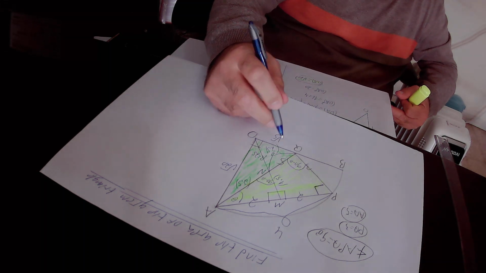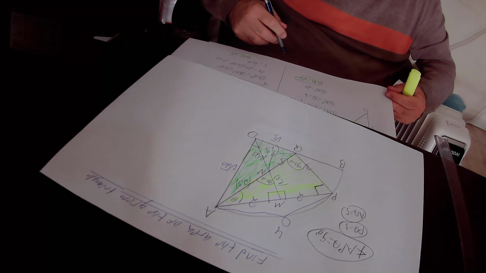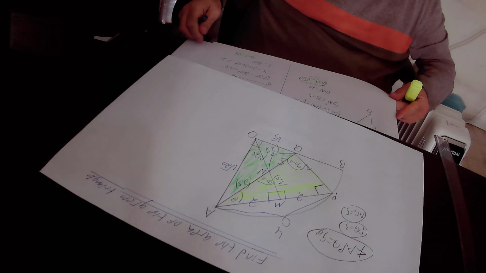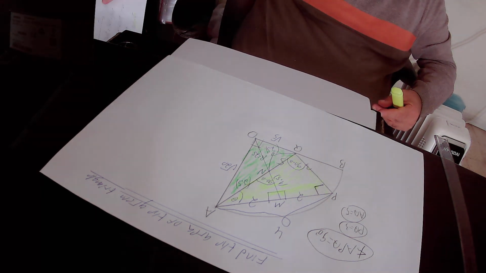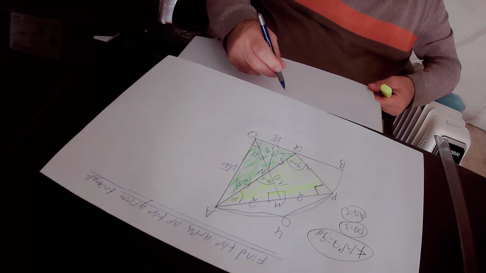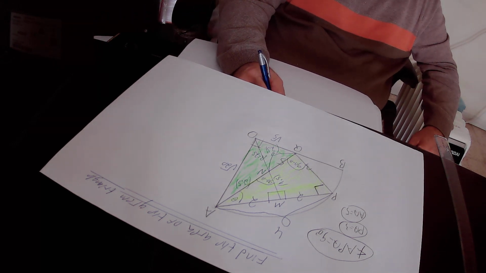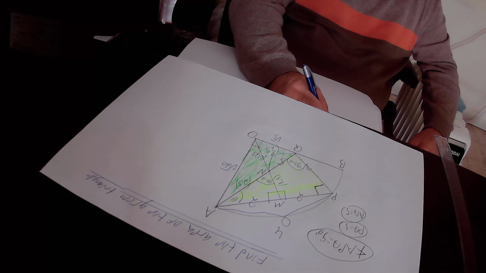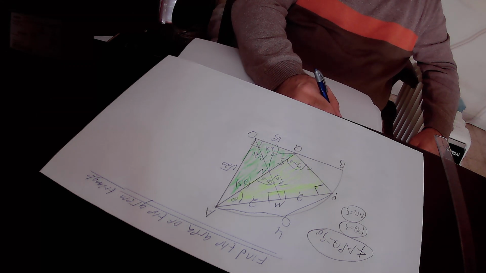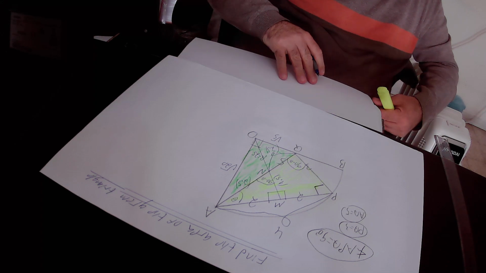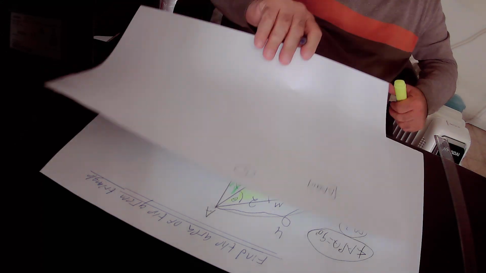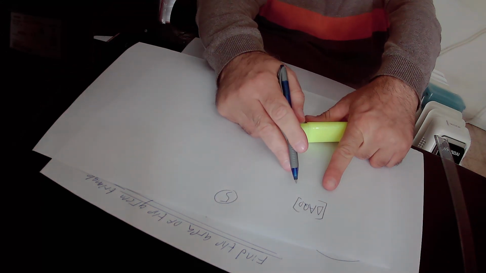Now it is very easy to find out the area of the green right triangle AOQ. So the area of the green right triangle AQO, here the square brackets is the sign for the area.